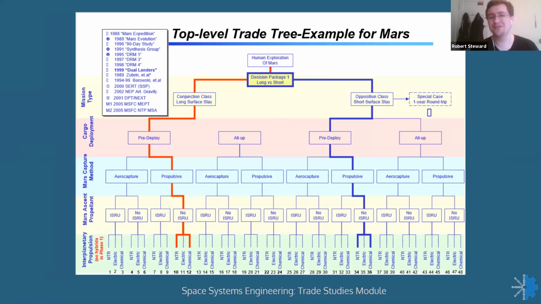Now this one may look a little intimidating, and we don't do this one quite as much on the robotics team, but this is an example of something called a trade study tree. When you have a really complex project with a lot of different decisions that need to be made, you can make something like this where you help break down those different decisions. This is an example for a human expedition on Mars that NASA had thought of years ago.